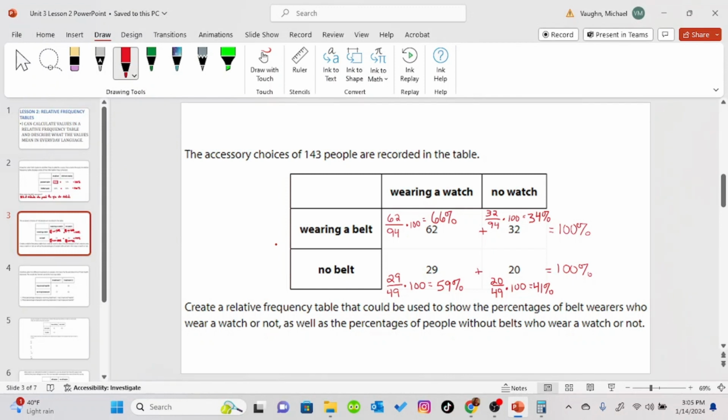So this tells us 59% of those who do not wear belts do wear a watch, and 41% of those who do not wear a belt also do not wear a watch. And notice again our percentages in this row, 59% and 41%, add up to 100% of the possibility for the row in which they do not wear a belt.